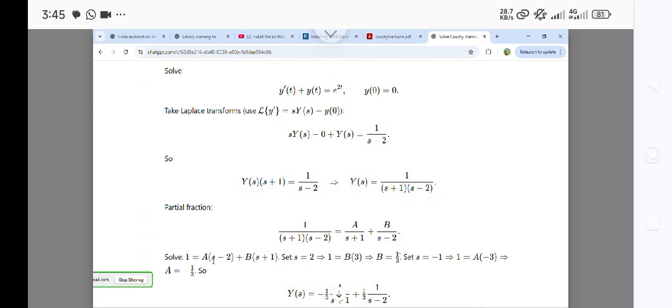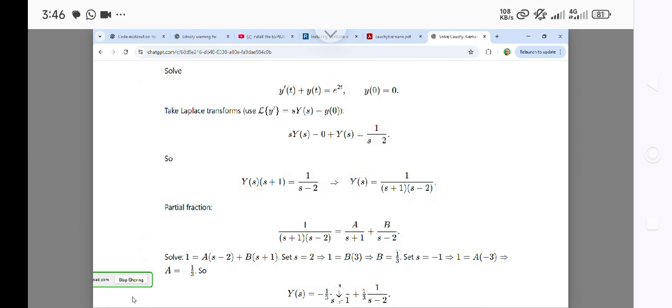When you put the 2 here, you will have 0. If you put 2 here, you have 2 plus 1, 3. That's 3B. And then 1 equals 3B. If you solve it, you have your B equals 1 over what? 1 over 3.